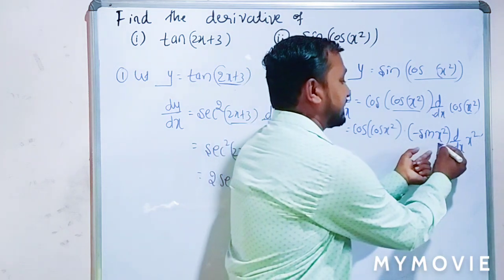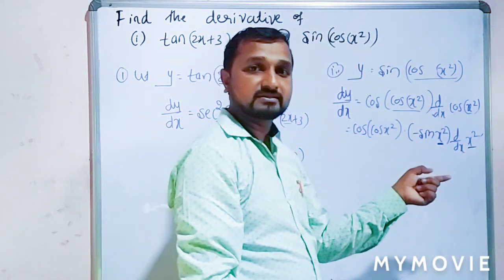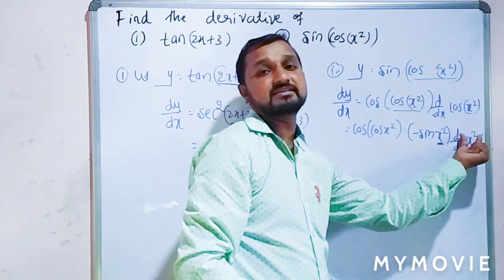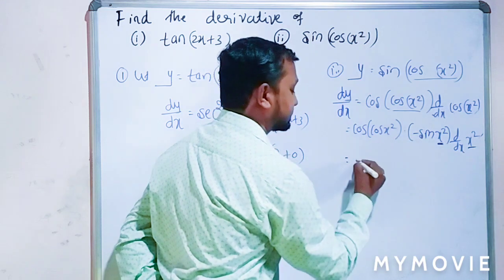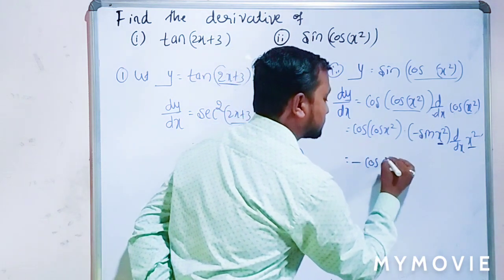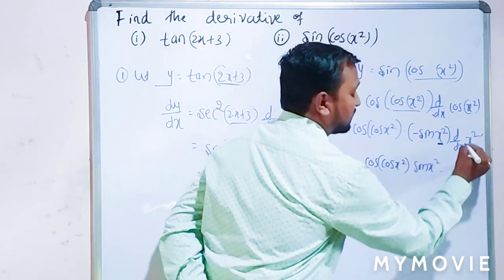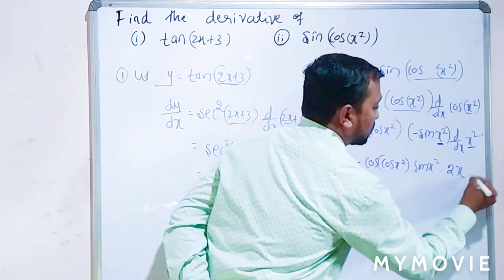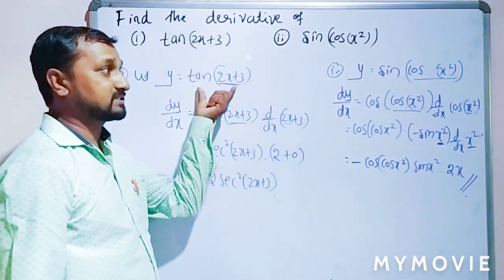Instead of x, what is there? x square. Again differentiate this function, x square. This is one single term, last. So minus sin take outside. This is minus cos of cos x square into sin x square into the derivative of x square, which is 2x, is the answer. It is clear that here only two functions are there.